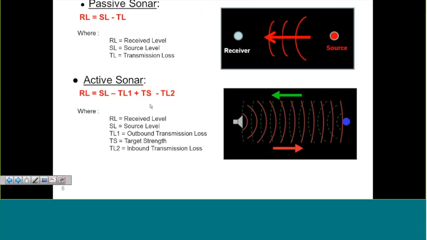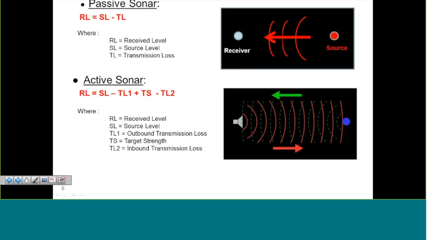In this case, there are different kinds, but here the source and the receiver are co-located at this speaker. There's a sound that's propagated into the water, shown as the red lines here. It bounces off of whatever the target is. That can be a fish or the ocean bottom itself or any number of other things. And then the echoes come back, and that's the green line, that come back to the receiver.